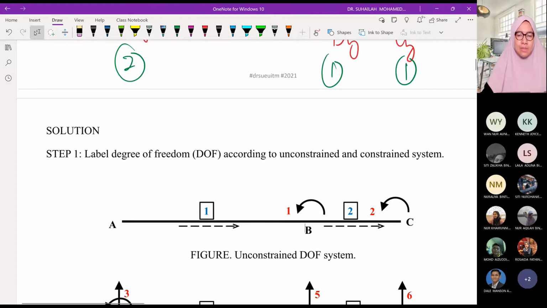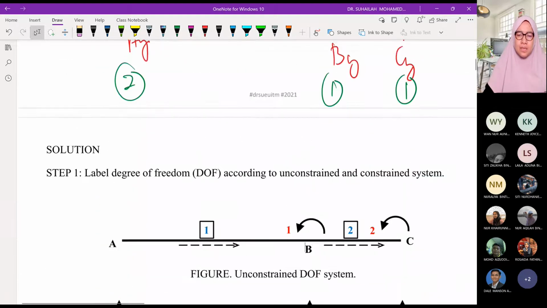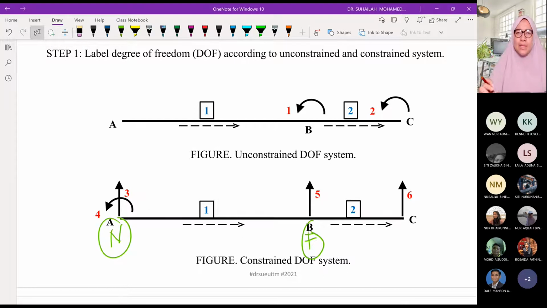Take the length for element number 2 and put it into the formula. The label for element number 2 will be 51. This will become near, this will become far.